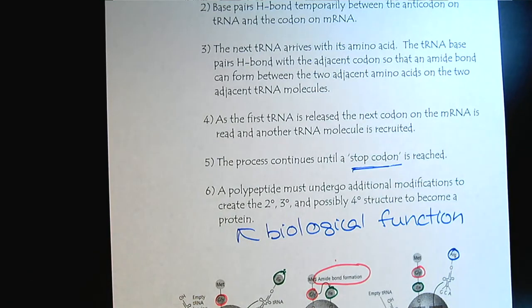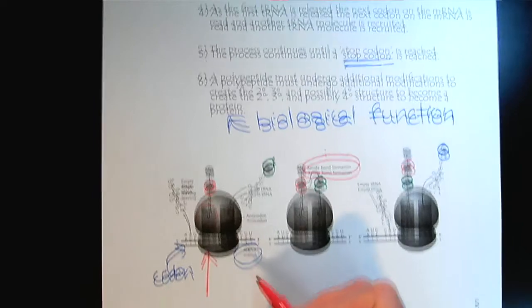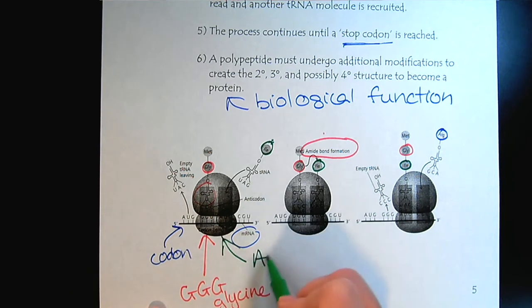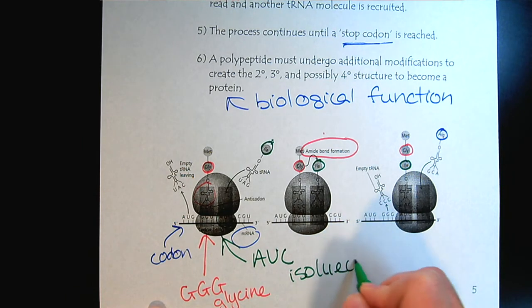All right, so if you look back at your chart, if you look back at our codon chart, you'll see that GGG corresponds to the amino acid glycine. And if we look, AUC is isoleucine.